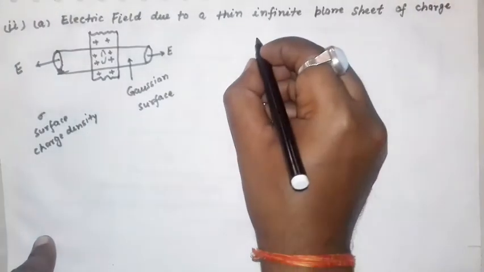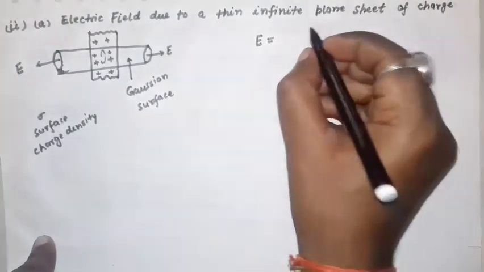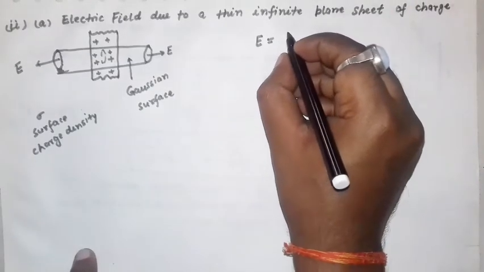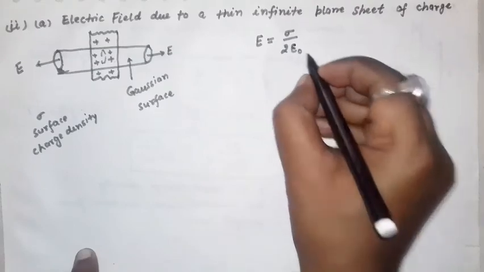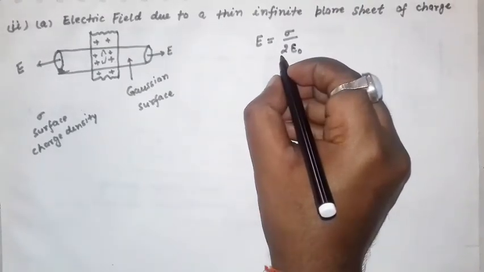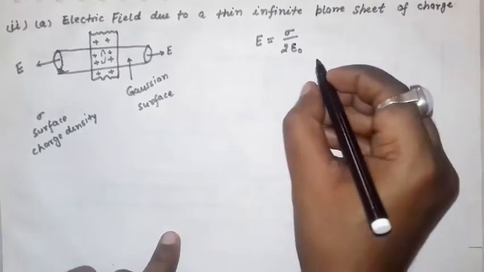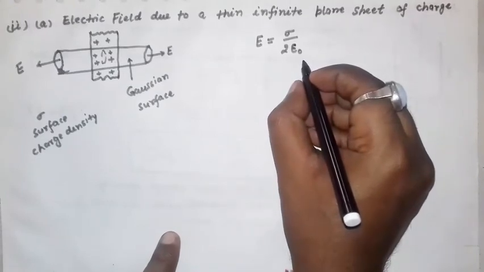So the electric field in this case will be equal to small sigma divided by 2 times epsilon naught, if we are considering the infinite plane sheet of charge.